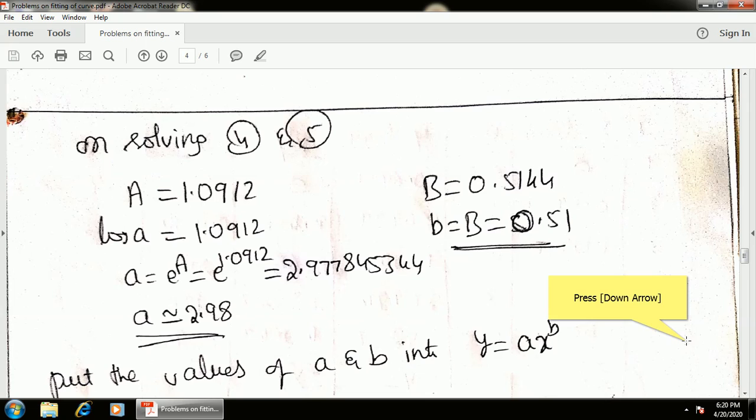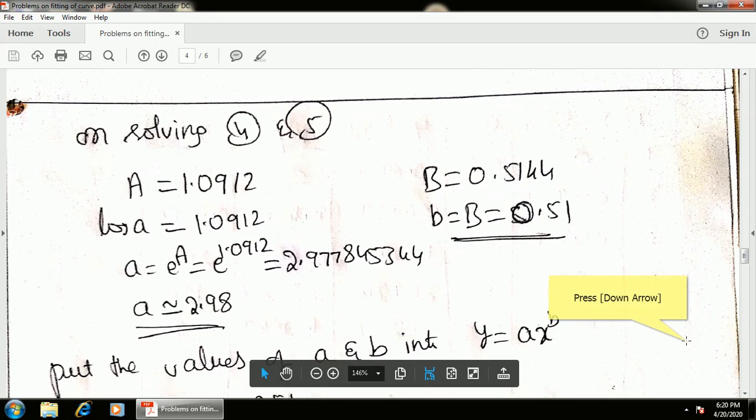Capital A comes out as 1.0912, but capital A is nothing but log A. Log A value is 1.0912. Hence, small a is equal to e to the power of capital A. E power 1.0912, that is equal to 2.98 approximately. And small b is nothing but the capital B, that is equal to 0.51 approximately.